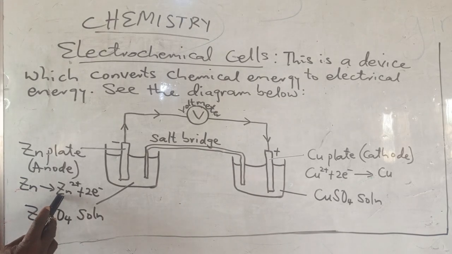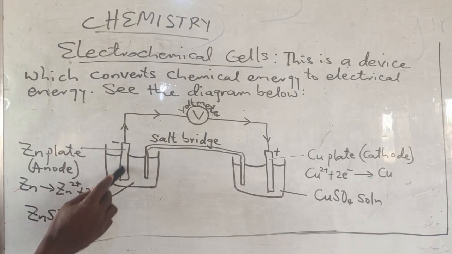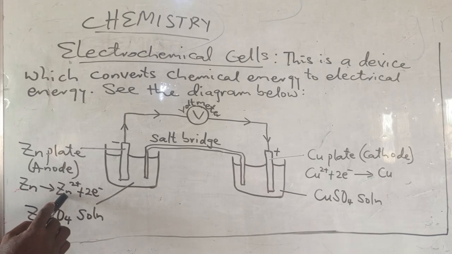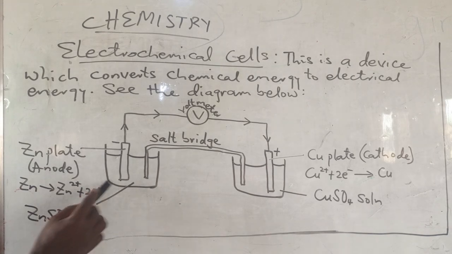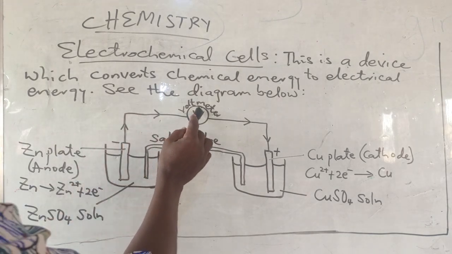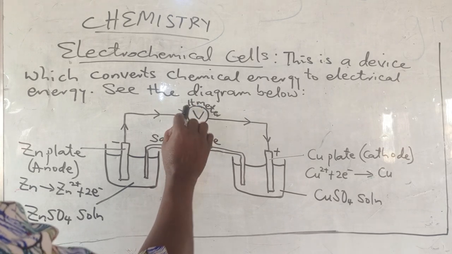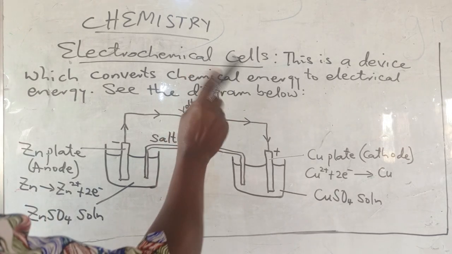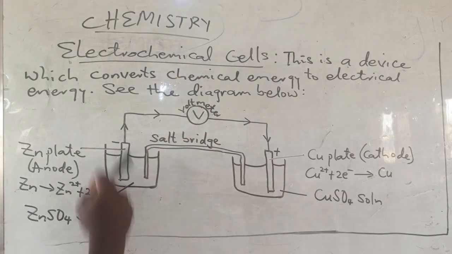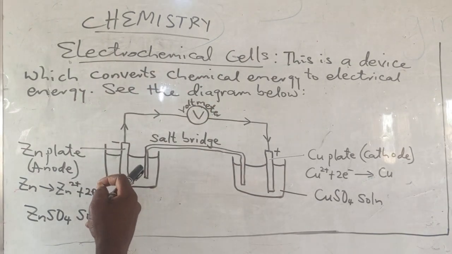Once it turns to zinc ion, it will not continue to remain on the surface of the plate. Instead, it will fall into the solution in the form of what? Zinc ion, Zn2+. Now, the 2 electrons are flowing upward to the voltmeter, and you see a movement on the pin on that voltmeter showing that electron is flowing.